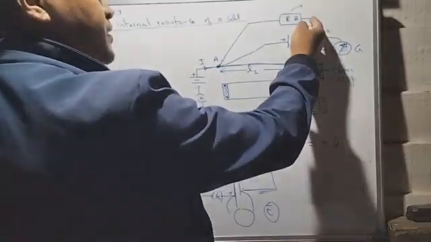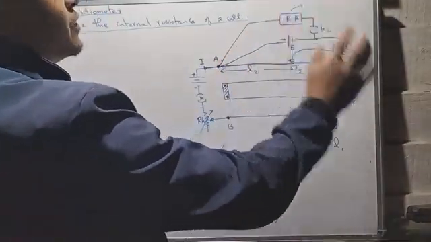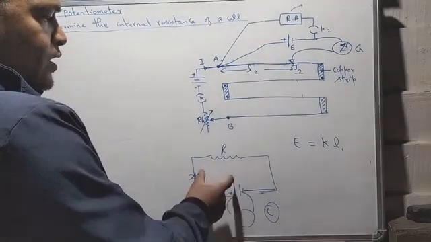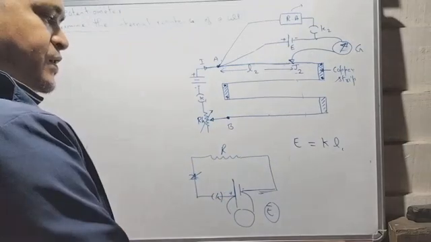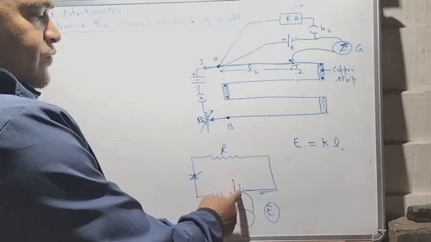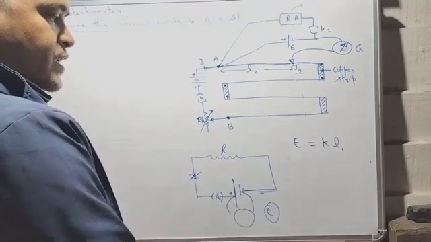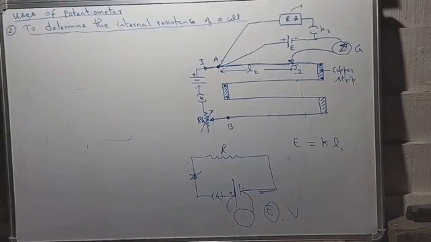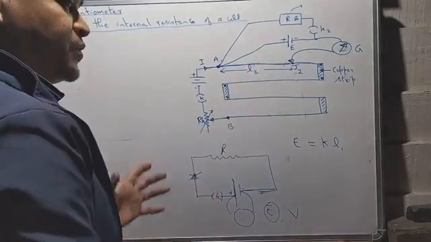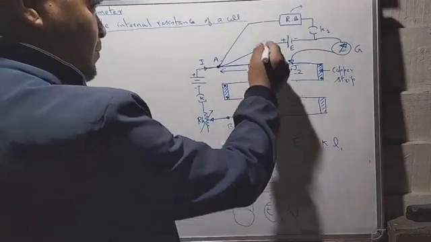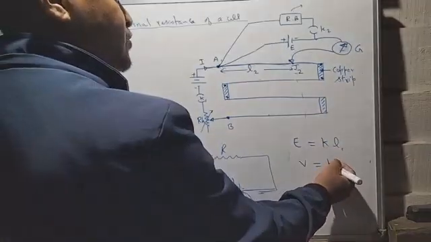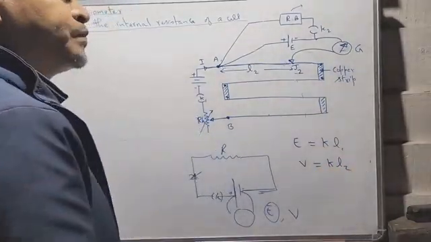The key is connected here, so it goes through the resistance box, and in this way the current goes. So when the current is passing through the external resistance, the potential difference between the two terminals of the cell is known as the terminal potential difference, and that is V. Because the current through the galvanometer is 0, the terminal potential difference when the key K2 is closed is V equals, again taking this form, KL2. I hope this is clear.